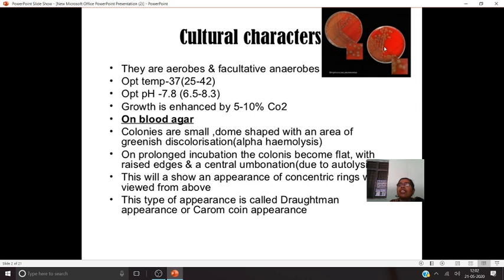Why does this happen? Due to alpha hemolysis, partial destruction of the red blood cells. On prolonged incubation, the colonies become flat with raised edges and a central umbonation. Umbonation means the surroundings become flattened and the central area is depressed, just like a coin.